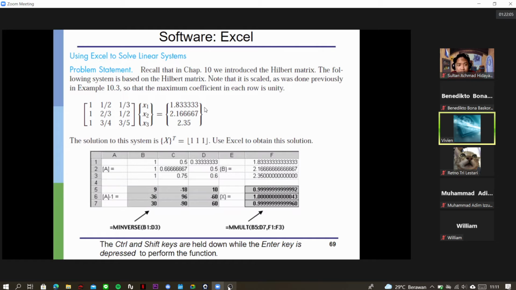That will be 1/2, and this will be 1/3, and so on.